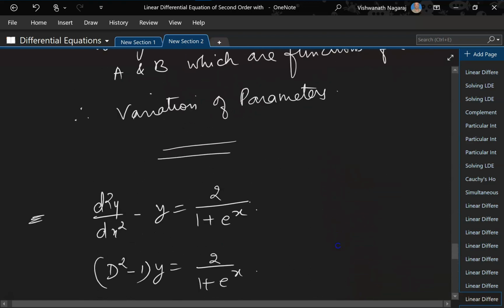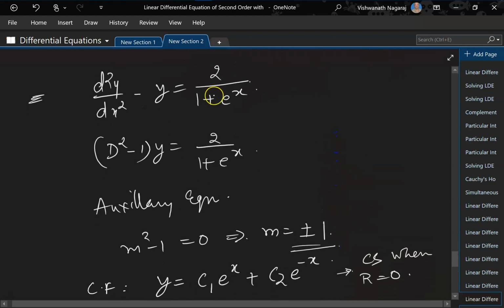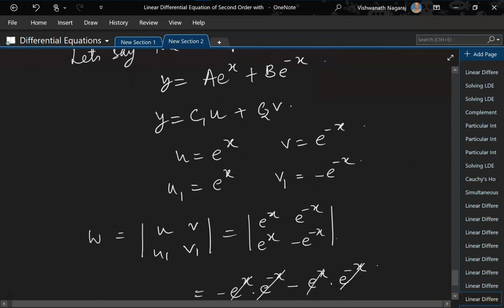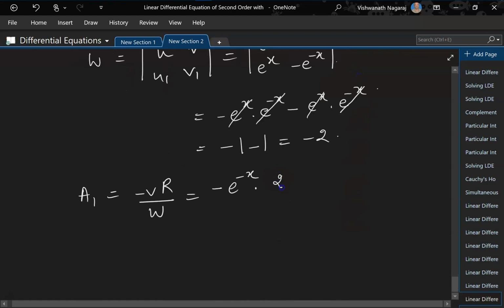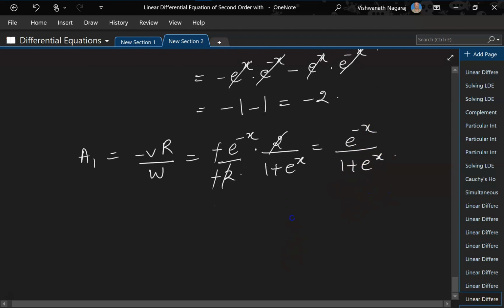Now r is part of the equation, the right hand side, 2 by 1 plus e to the power of x. Now what about W? W is minus 2. So 2 and 2 get cancelled, minus minus gets cancelled, and we are left with e to the power of minus x by 1 plus e to the power of x.